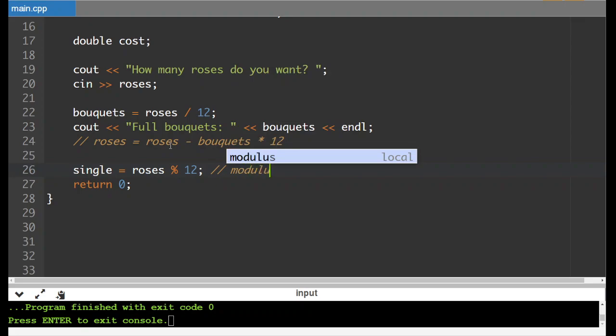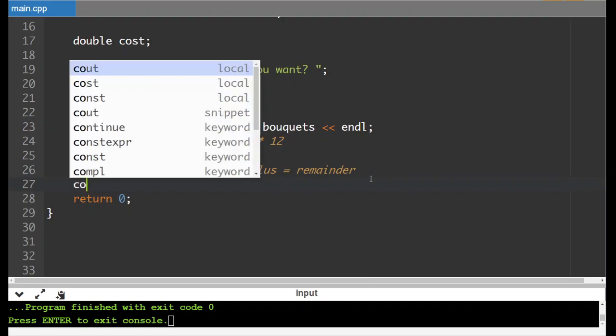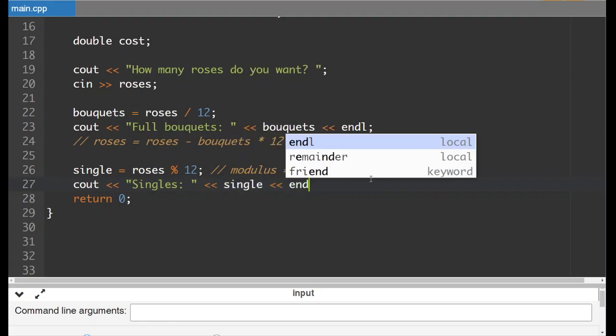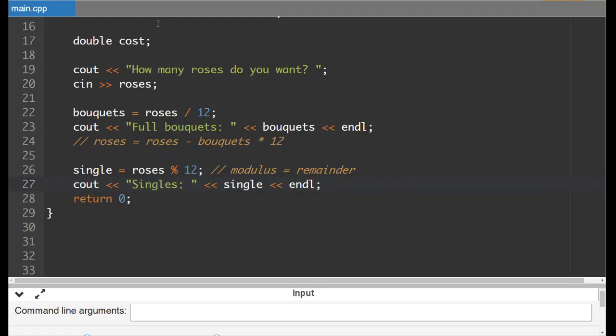So this is the modulus operator, which means it's going to generate not the quotient, the result of the division, it's going to generate the remainder of the division. And we'll call this one singles. Okay, and then we'll see if this works.